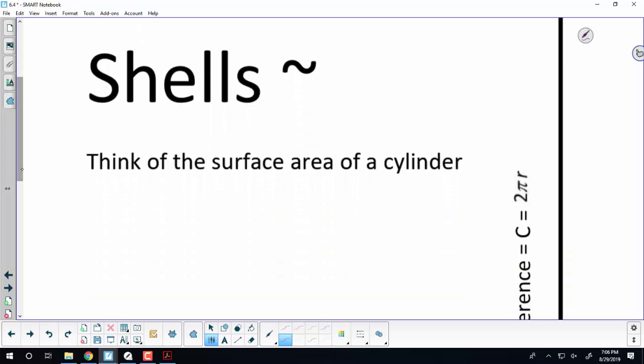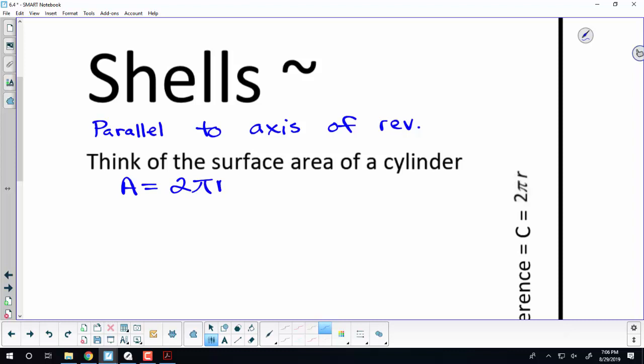But let's go ahead and summarize these two since they're both listed here. If you want to take these pages off and just reference them as a quick reference: shells are parallel to the axis of revolution. The cross-sectional areas are 2 times pi times r times h. And we've got two things here.